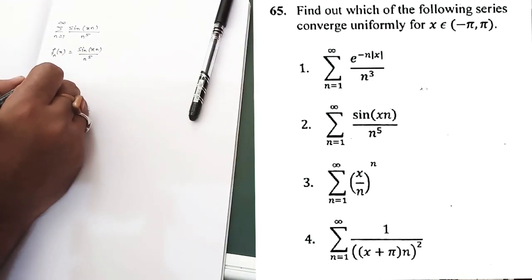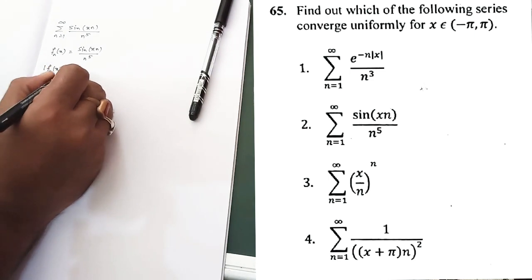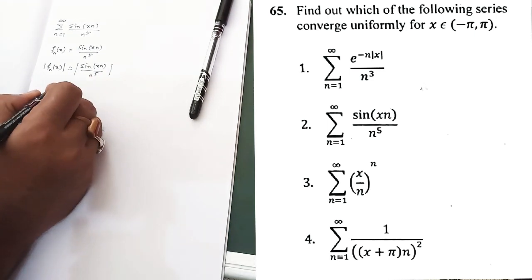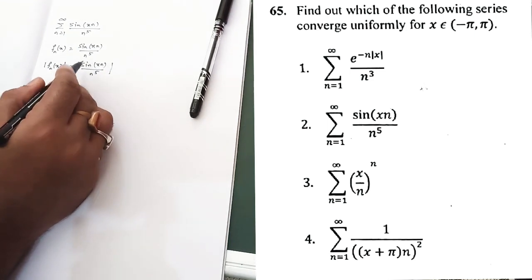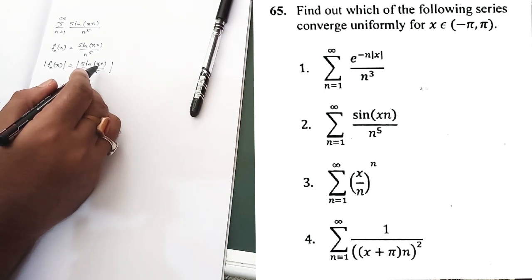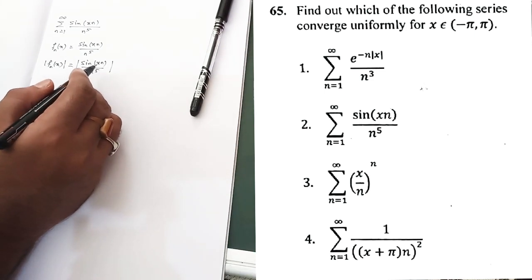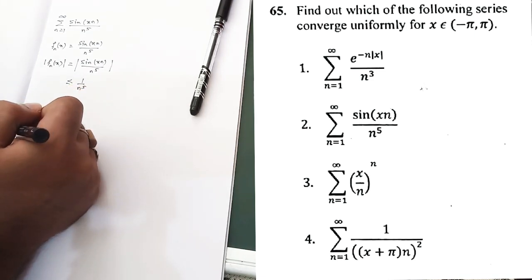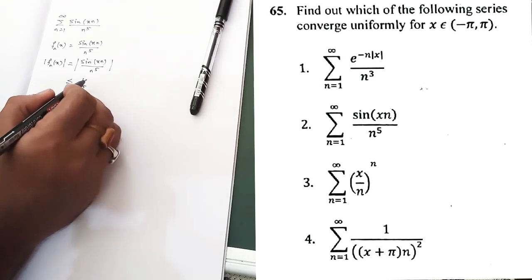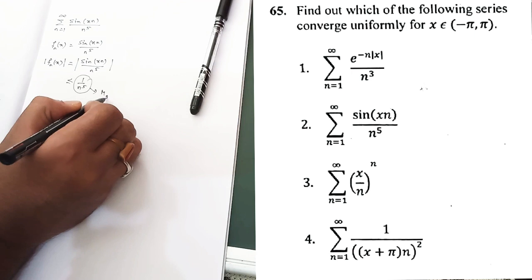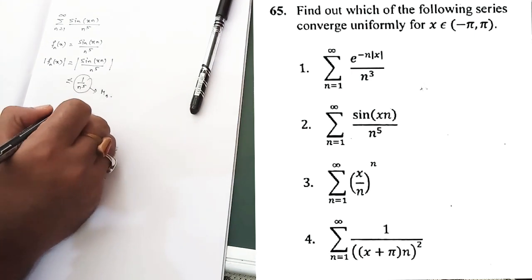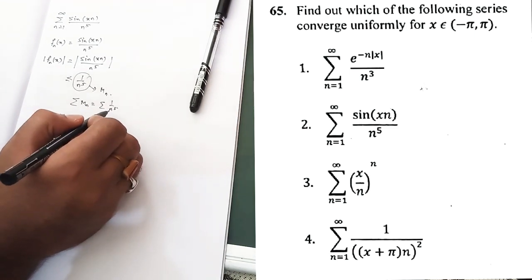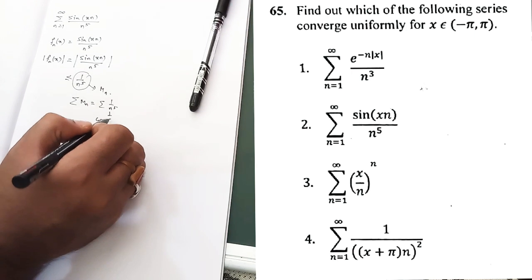Take the modulus, and you know that mod of sine(xn), the maximum value will be 1, so it is less than or equal to 1 by n to the power 5. By the previous logic you can say this is your M_n, and clearly your M_n is this kind of series, and by the p test it is also convergent.